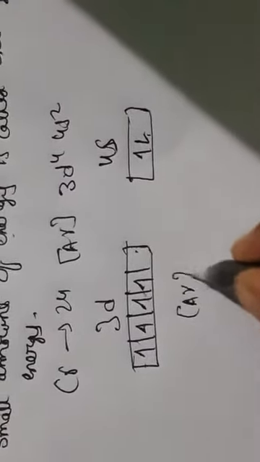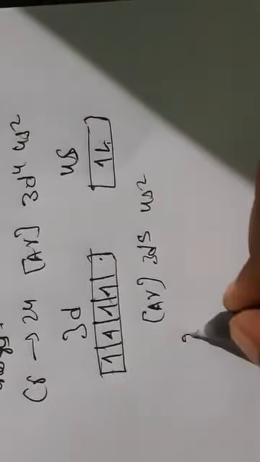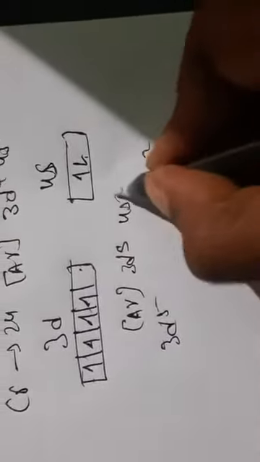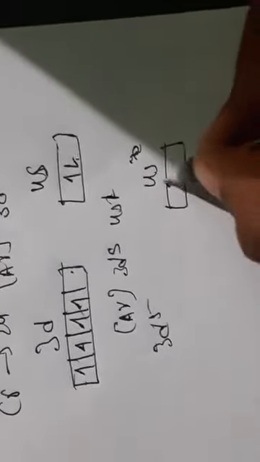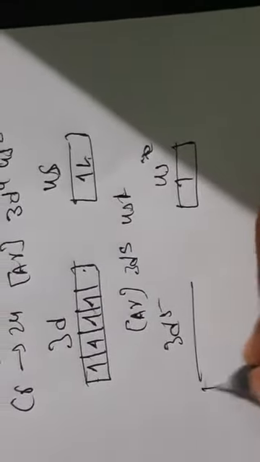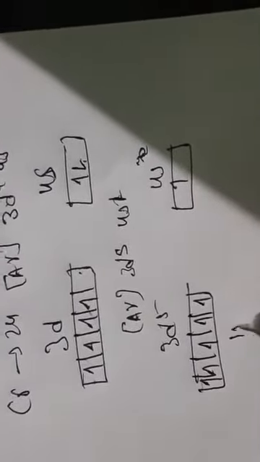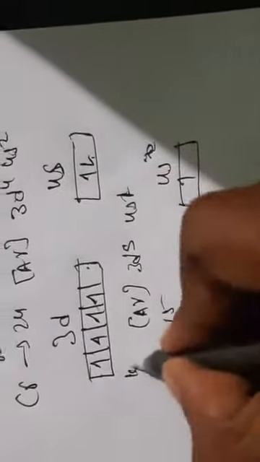And also, if you take the actual configuration, argon 3d5 4s1, sorry, it has 1 electron in 4s and 5 electrons in 3d. So it can take 15 exchanges, whereas the other can take 10 exchanges.